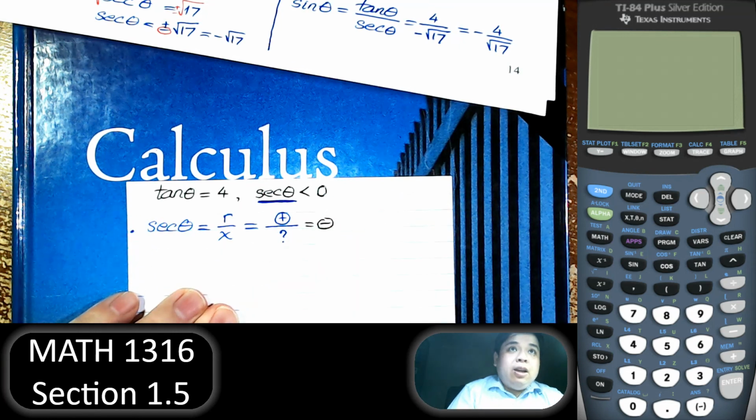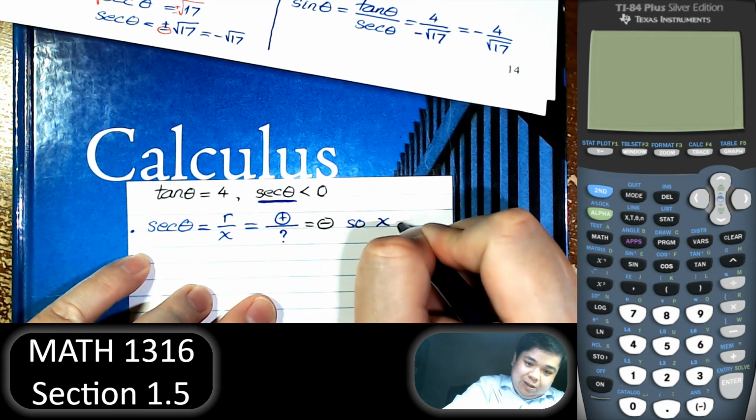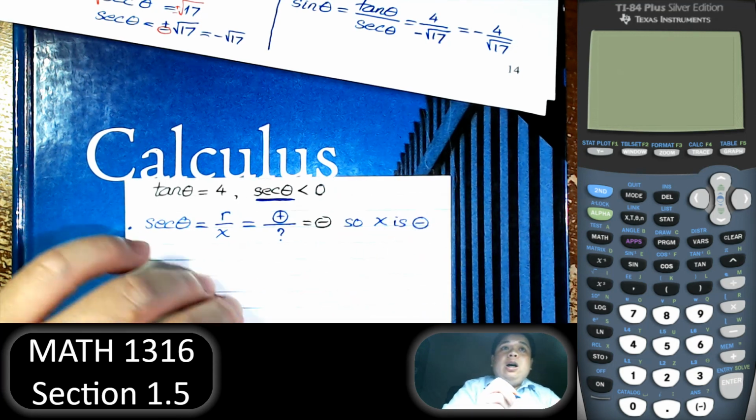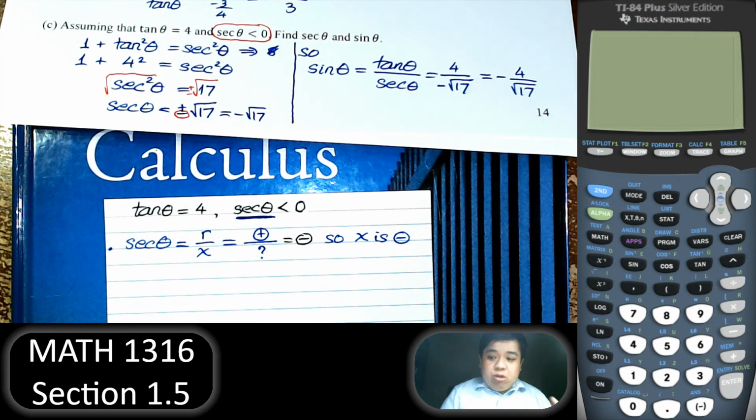Now, if it's like this, x has to be negative. So don't go by tangent and cotangent. If we have something else, try that first.